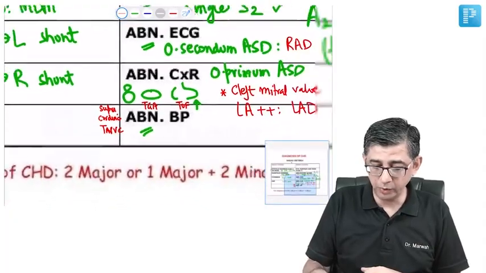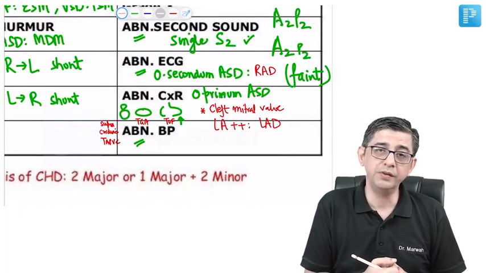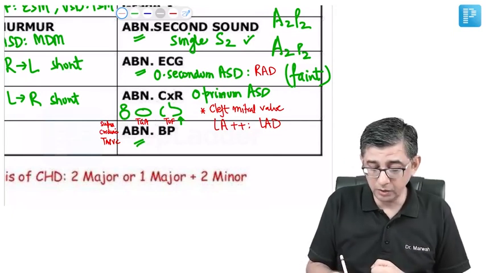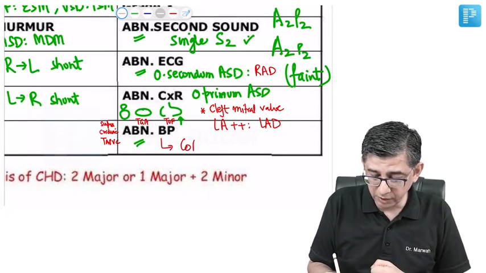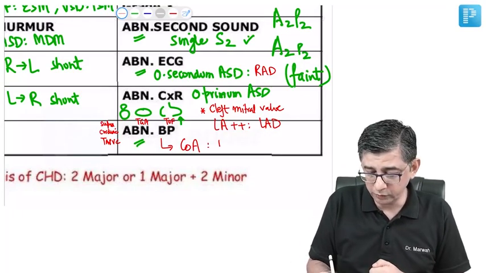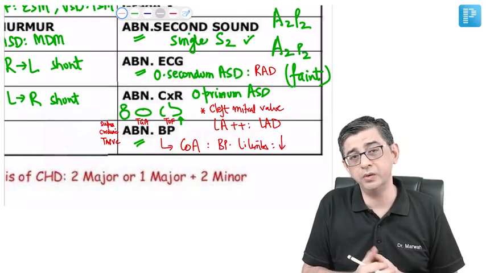As far as abnormal blood pressure is concerned, abnormal BP values are valid for a defect in the aorta. If a person has coarctation of aorta, less blood will go to the legs, so the BP of the lower limbs of the patient will be relatively less because less blood is going down.